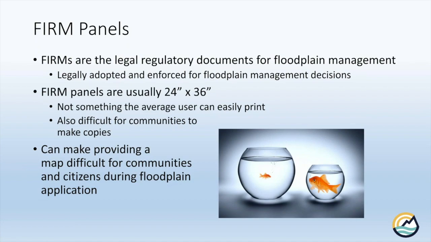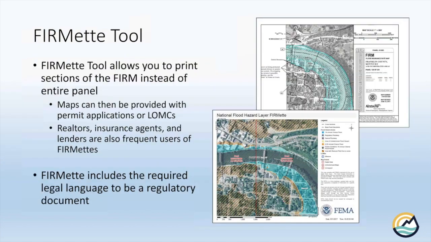So we as floodplain managers, we as flood map users, it can sometimes be difficult for communities and citizens to use these during an application for a permit or for an elevation certificate or for a letter of map change, something like that. So to help combat this, FEMA's actually put together what they call the Firmat tool.